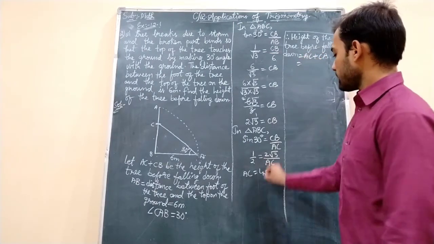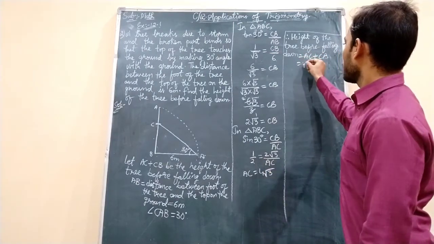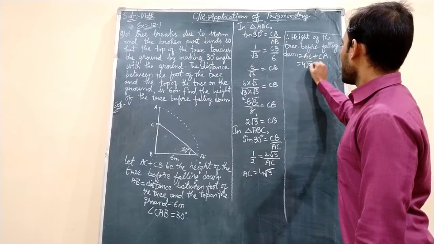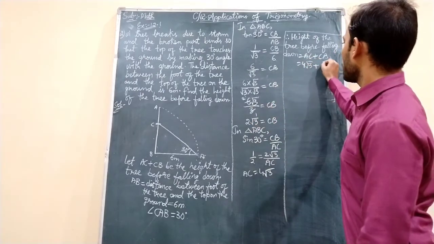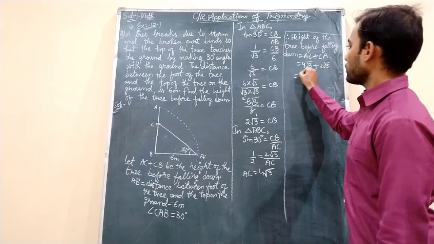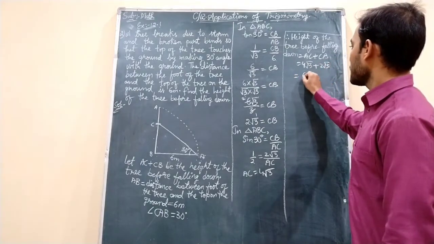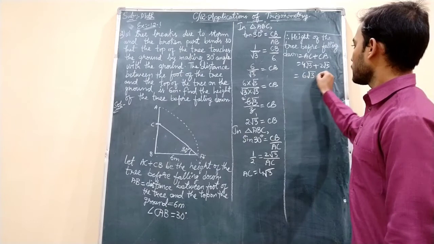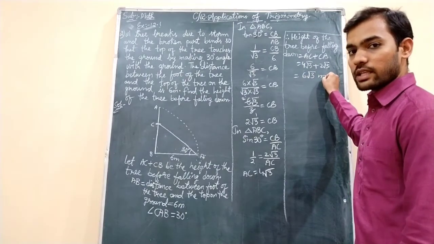So here we got AC as 4 root 3 plus this CB we got as 2 root 3. So when you add 4 root 3 and 2 root 3, you will get 6 root 3. You can stop here itself if it is given in 2 marks.